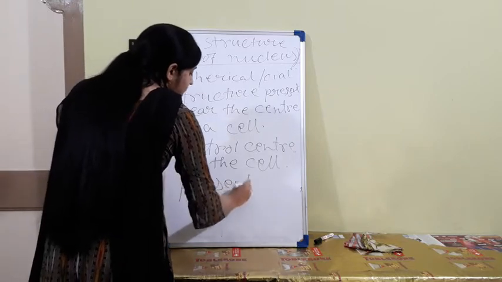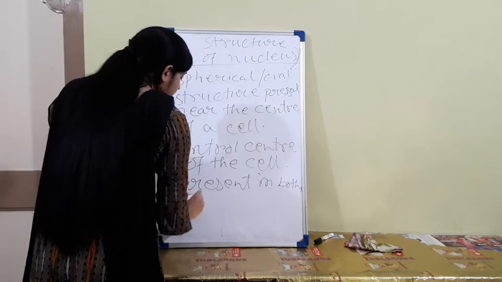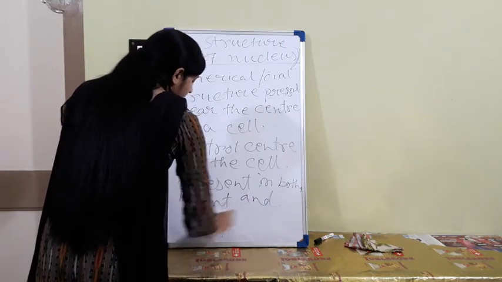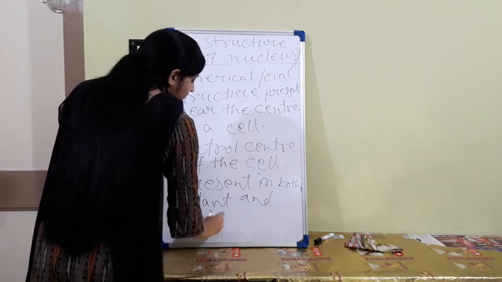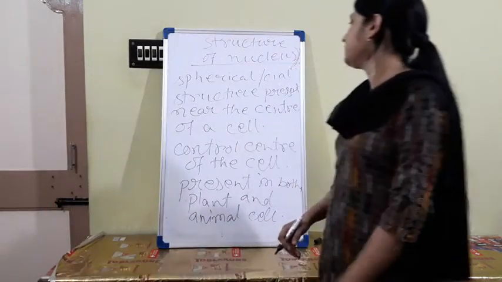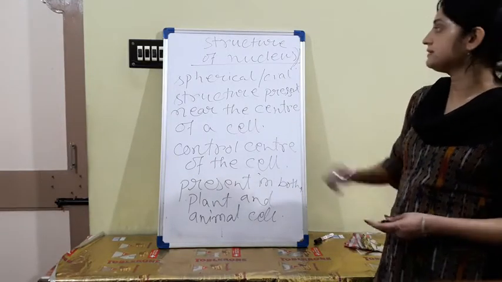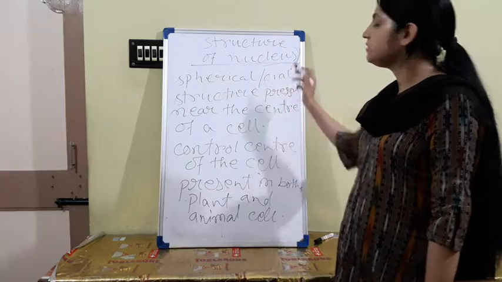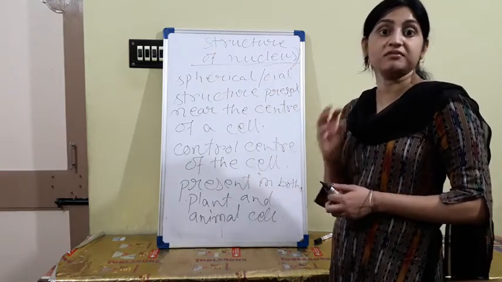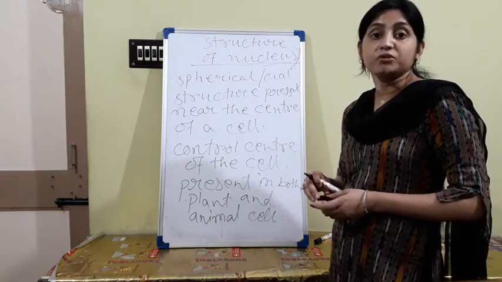The nucleus is present in both plant and animal cells. It is a spherical or oval structure that stains very darkly, present near the center of the cell, and it is the control center of the cell.